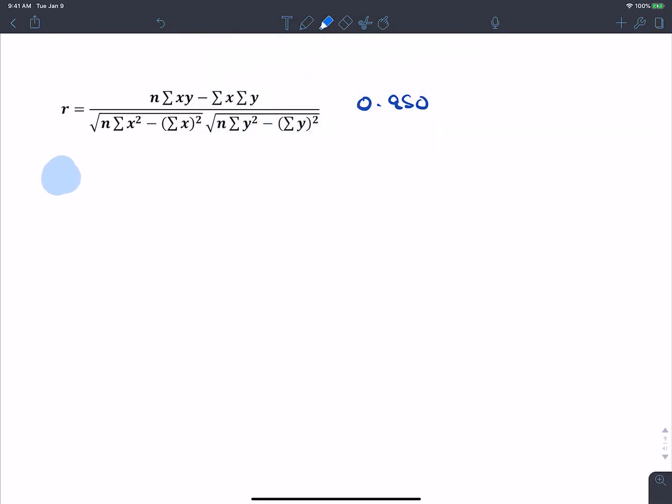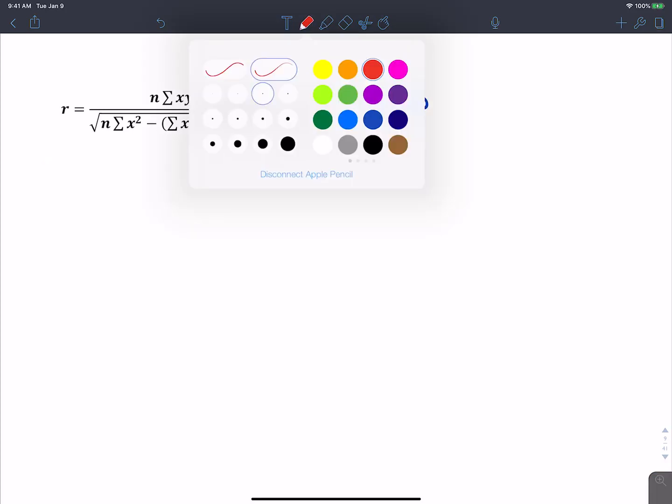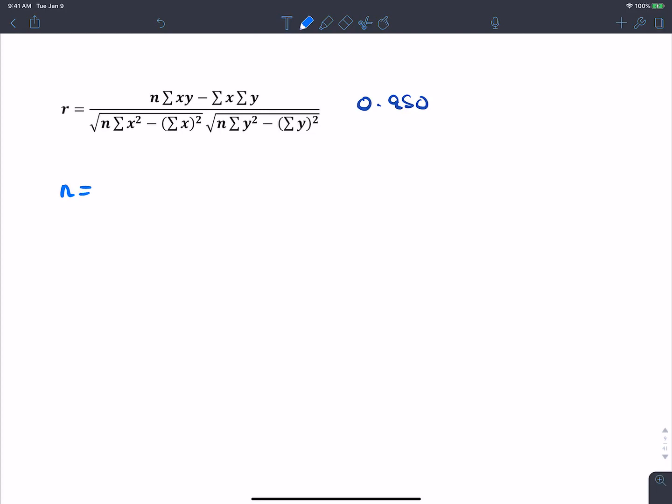We need n. N is 6. We need some xy. We need some x. We need some y. Is that true? And then we also need some x squared. And we need some y squared.